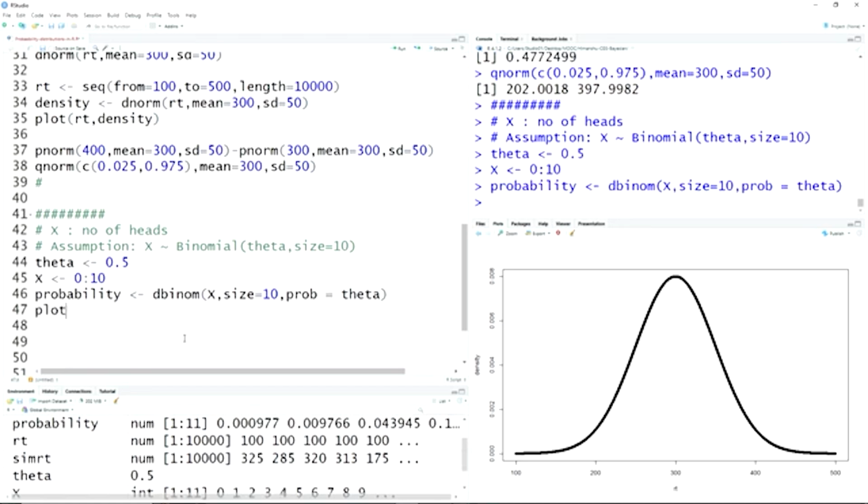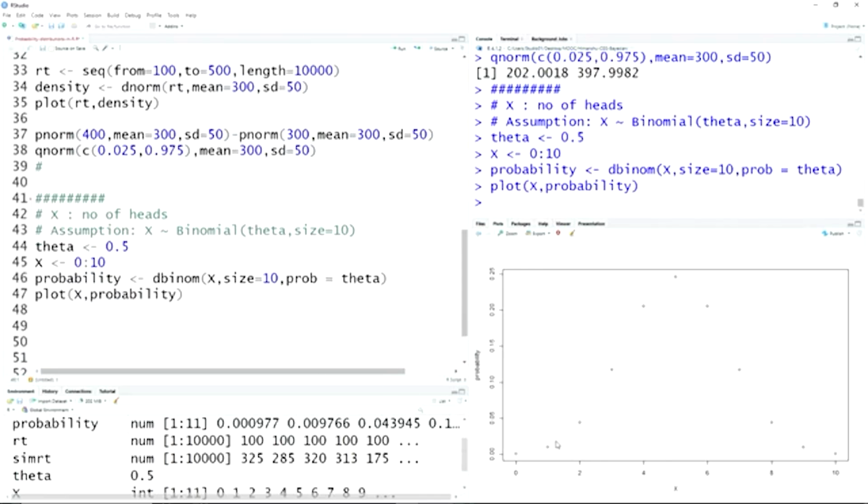Now, if you draw the graph between x and probability, you will see the graph of the probability mass function. See, this is the graph of the probability mass function. The value of x being 5 has the highest probability, and then probability decreases for these values, right. So, this is the graph of the probability mass function under the assumption that theta is 0.5.